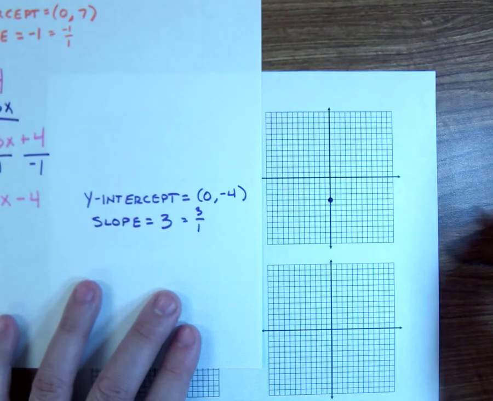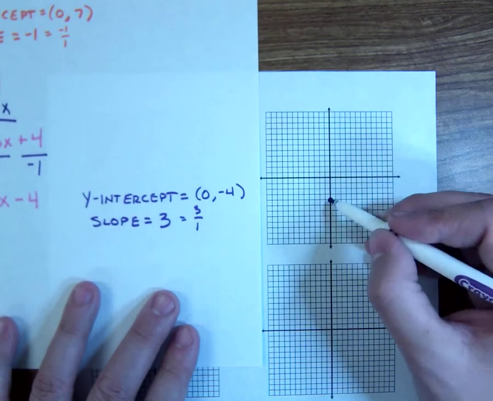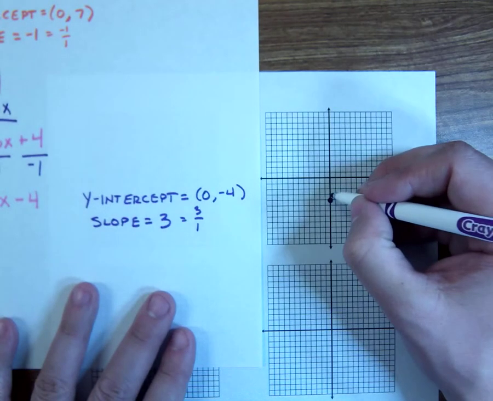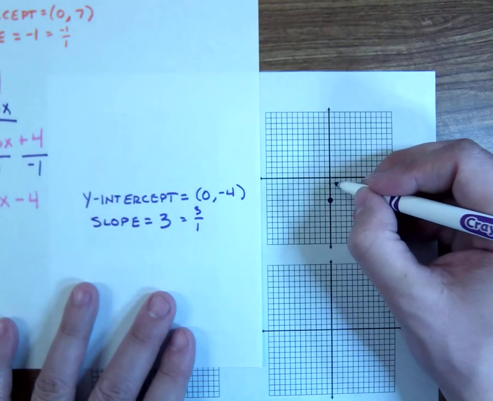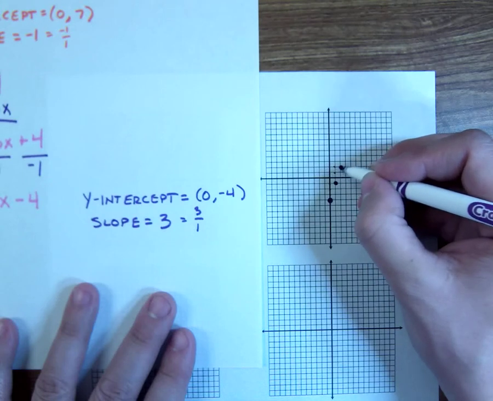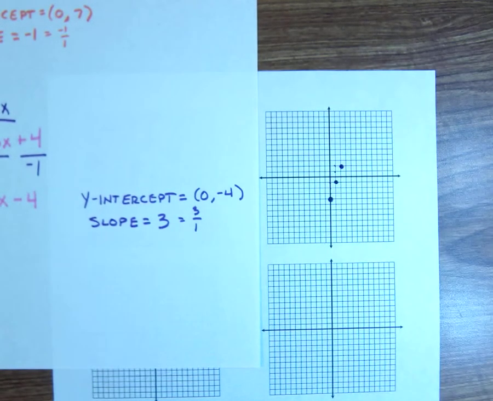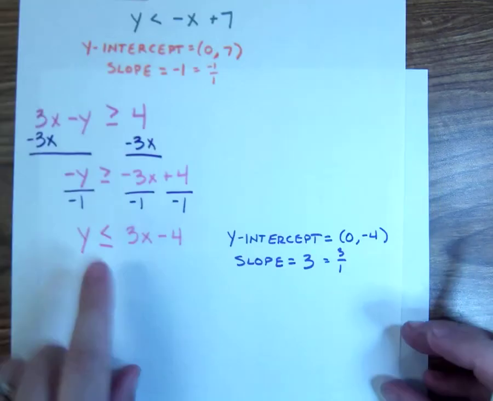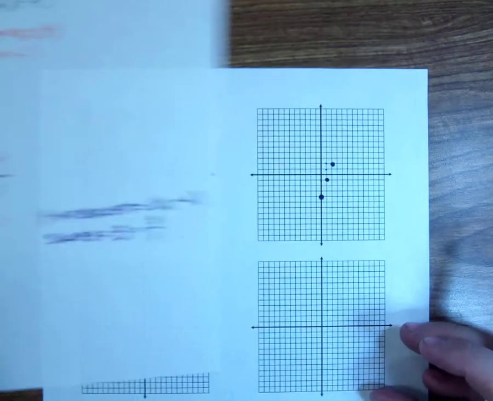But in order to graph a line, I need 2 points. So I need the second point by using the slope. The slope is 3 over 1. So from this point, I go up 3 and over 1. Now in this one, it was equal to. It's a solid line. So when I connect it, I don't do a dotted line, I do a solid line.